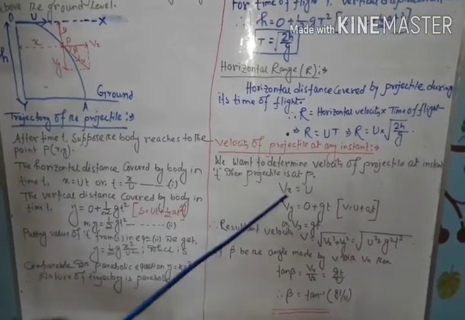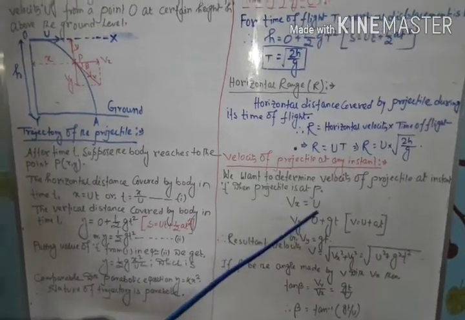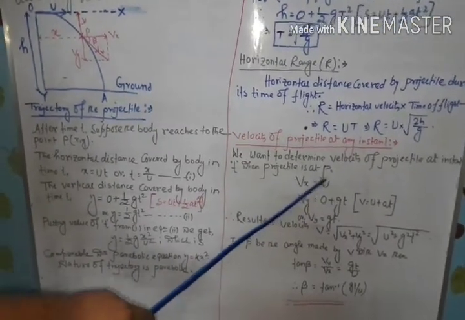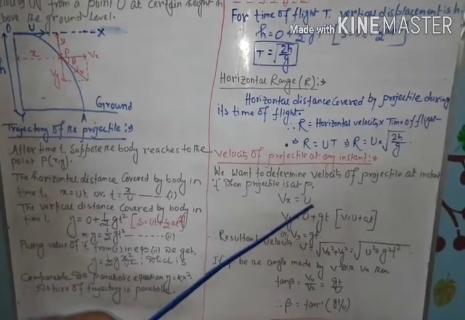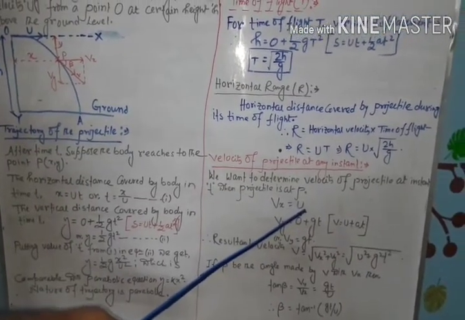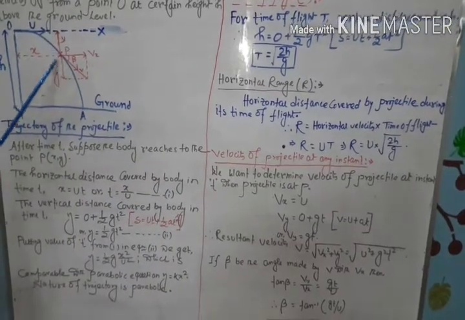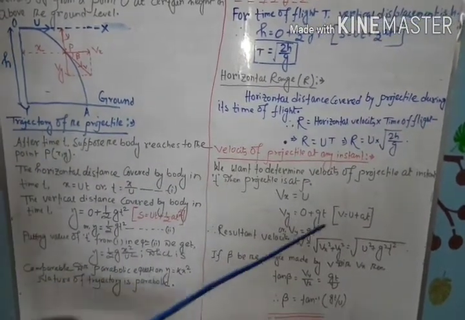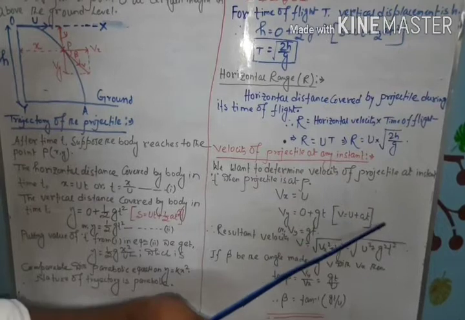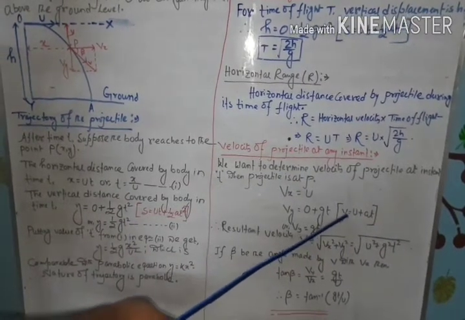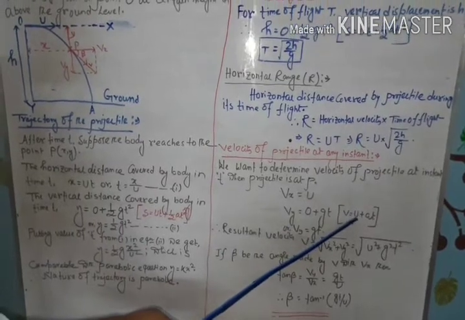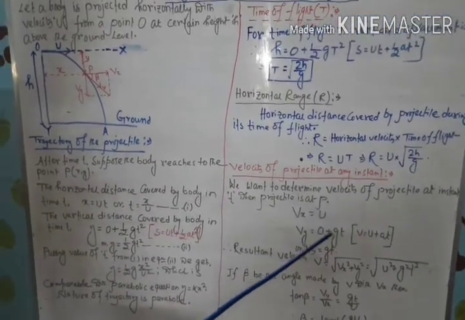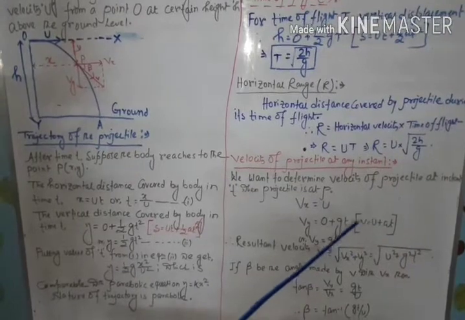Vx is u, because along the horizontal direction the velocity is always u, as there is no force along the horizontal direction. To determine the value of Vy, we use the equation v equals u plus at. In place of v we write Vy, the initial vertically downward velocity is 0, a is g and t is t.